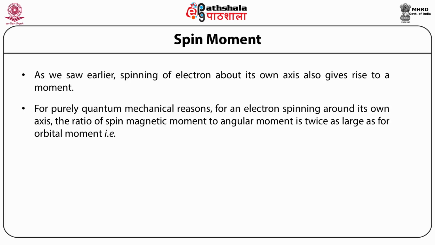That is, the spin moment, mu spin or mu s, is equal to minus e by m multiplied by J spin.